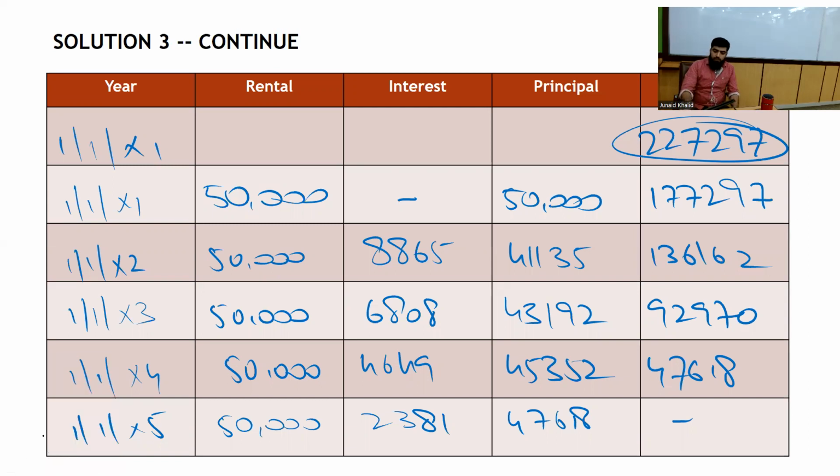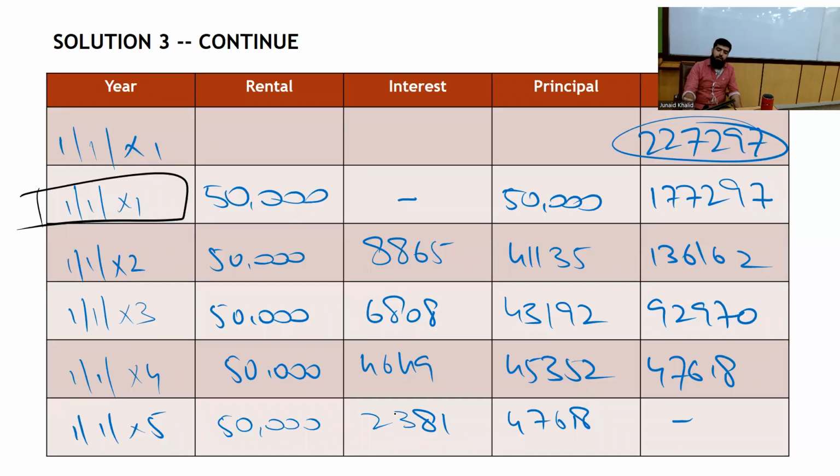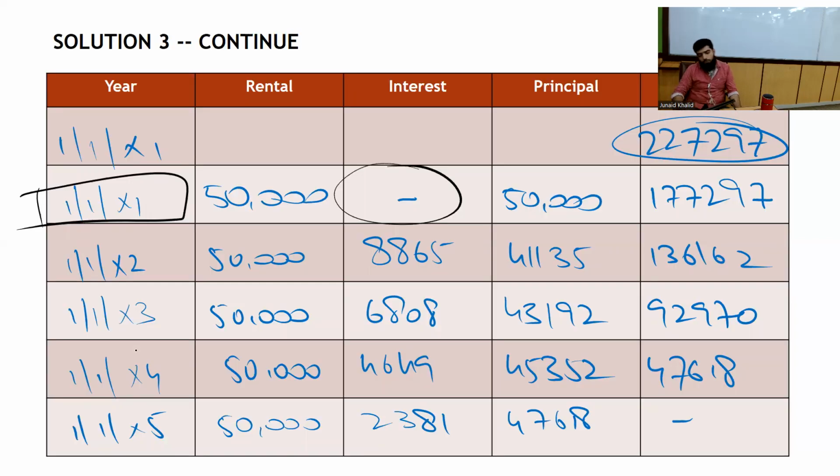If we look at this tab, at the row where we have 1st January 2001 and we are making the extract of 2001, we find that there is no interest. So if I ask you a question, would the finance cost be nil? The answer is no. Finance cost would not be recognized as 0.